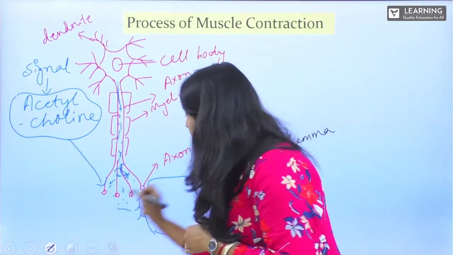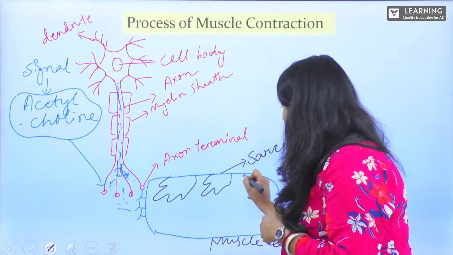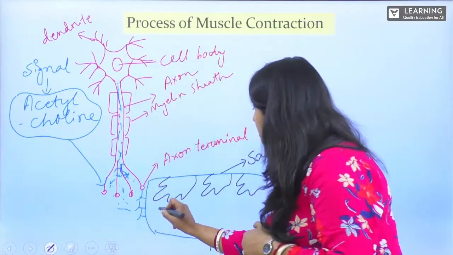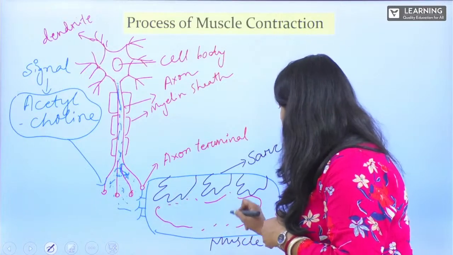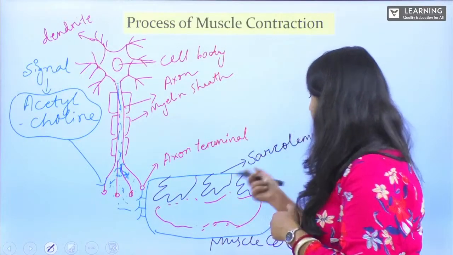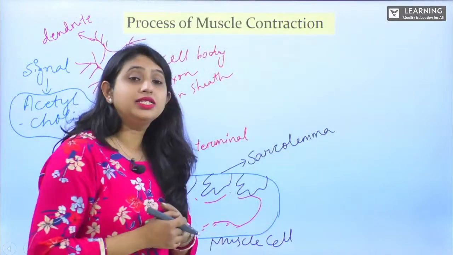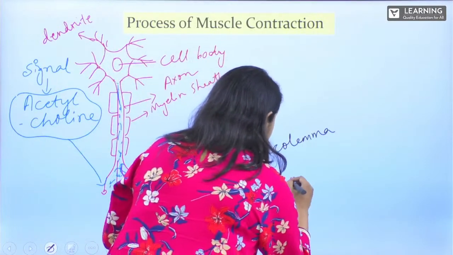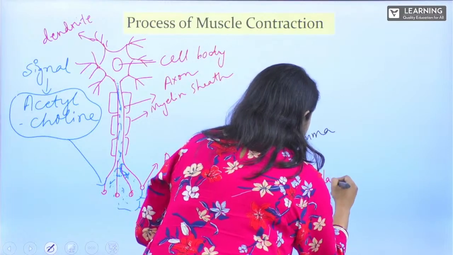Inside this there is the cytoplasm, where various cell organelles are present. In the muscle cell, the cytoplasm is known as sarcoplasm.